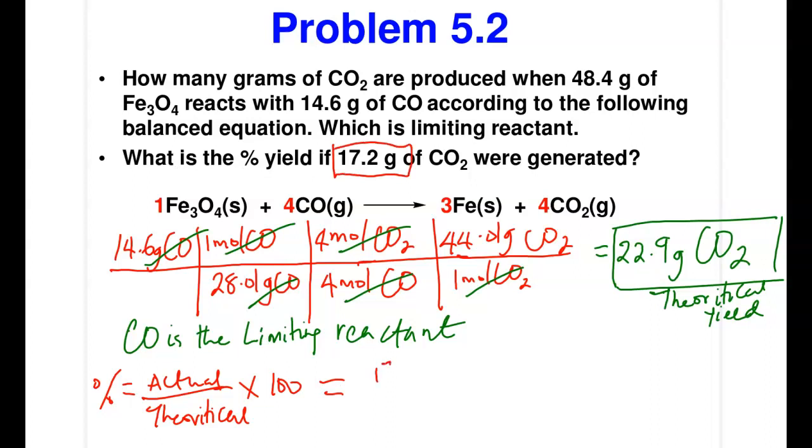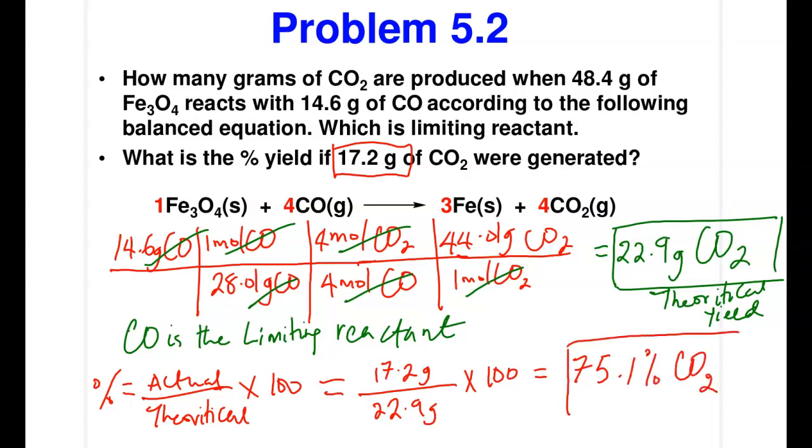So we're going to say 17.2 grams divided by the theoretical yield we got, 22.9 grams, multiplied by 100. When you do the arithmetic well, it's going to give you 75.1%. And this becomes our percentage yield.